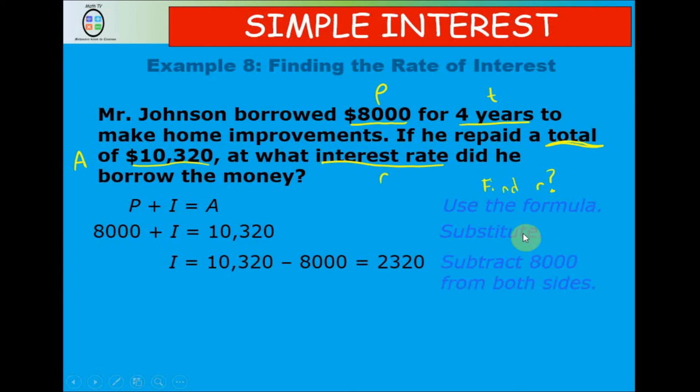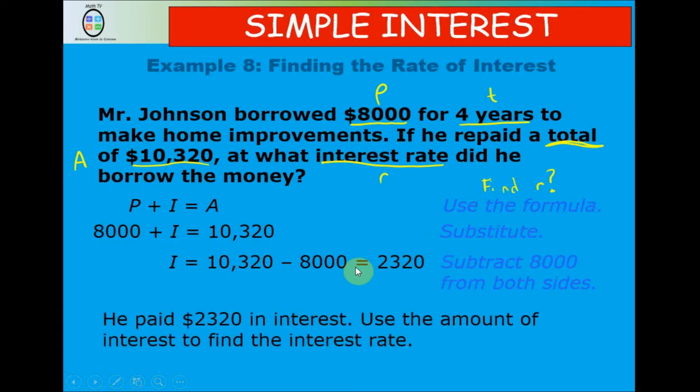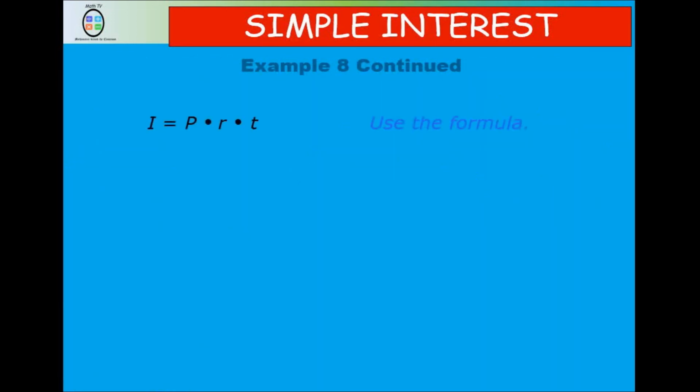We transpose it, so we get 2,320. So now that we get the interest, we're good to go. Because now we can use the simple interest formula, P times R times T.